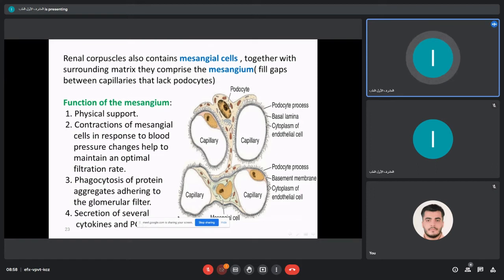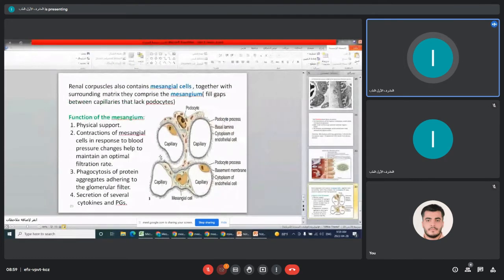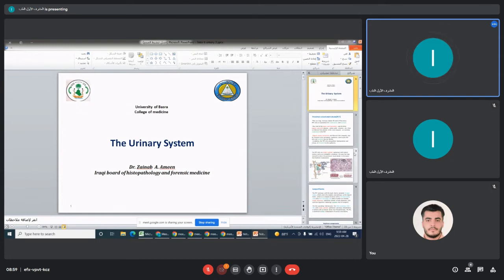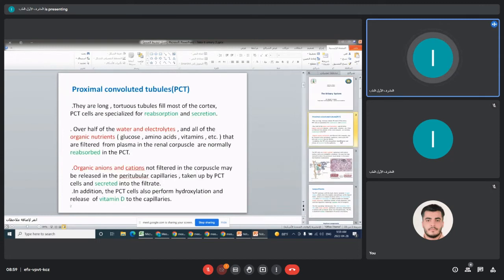Also, it has a phagocytic function for certain protein molecules that adhere to the glomerular filter, and secretion of several cytokines and prostaglandins. The next part of the urinary system are the tubules and the ducts.